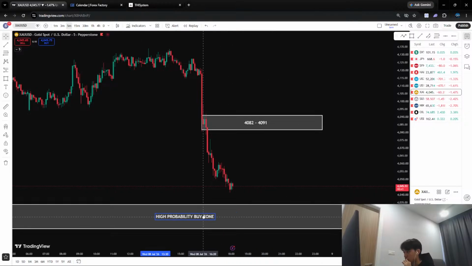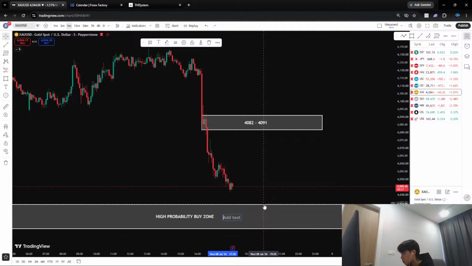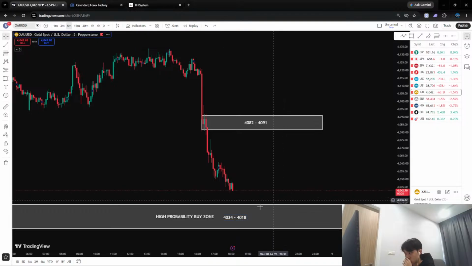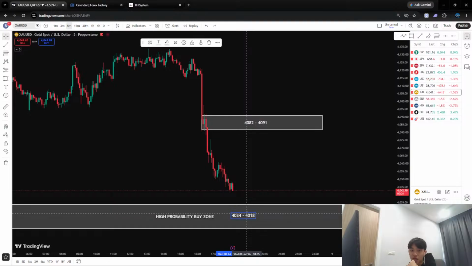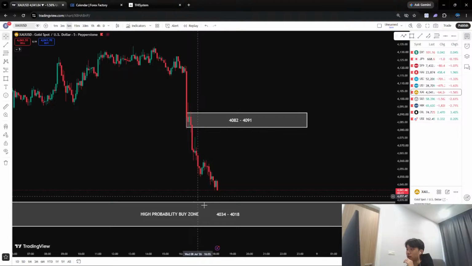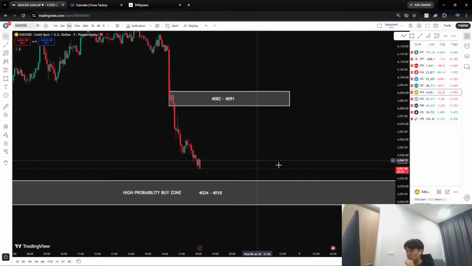This area is around 4034 to 4018. This will be the place for our buy zone area. So we will wait for price to tap into either one of these zones, and then only we will go for our entry or our order.